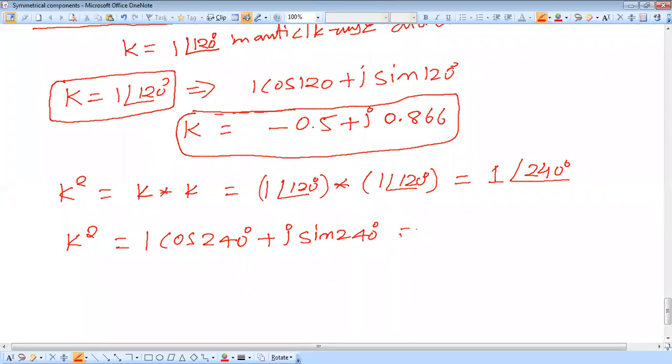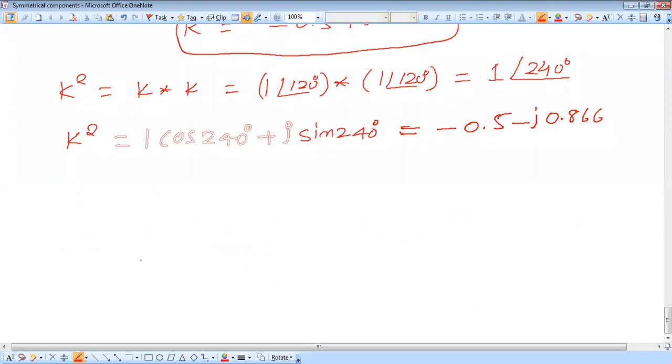Cos 240 is again minus 0.5, and sin 240 is minus j cos 30, minus j 0.866. This is the K square value.